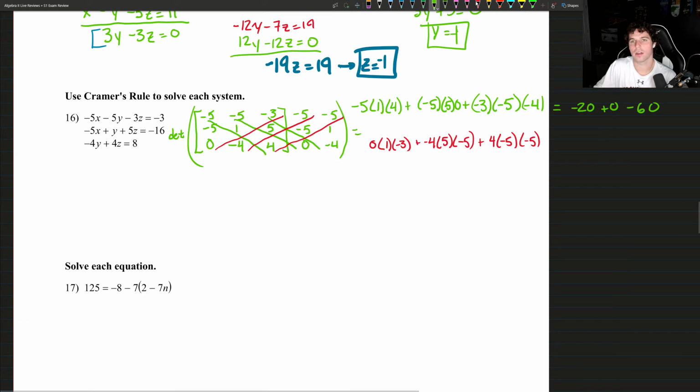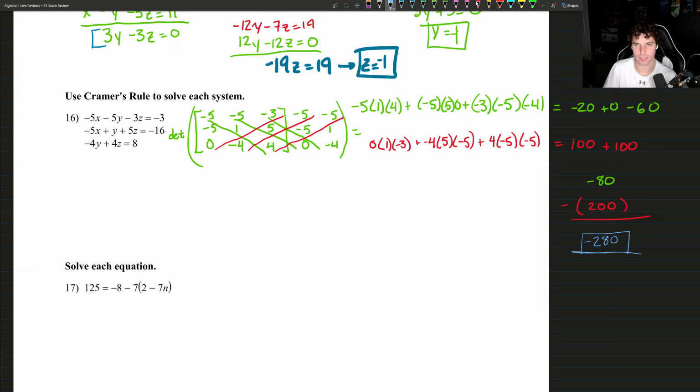And then on the bottom, we get 0 plus 100 plus another 100. We're subtracting these two numbers, so we get -80 up top, minus 200, and we get -280.